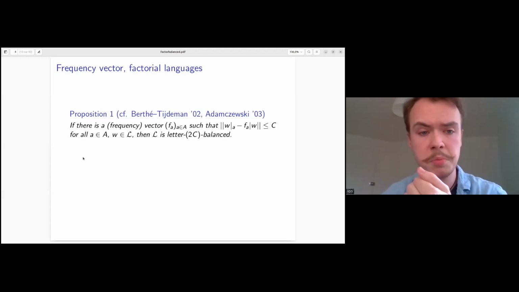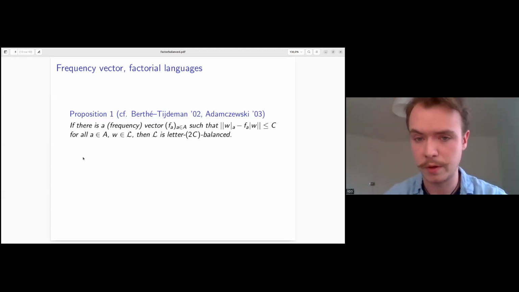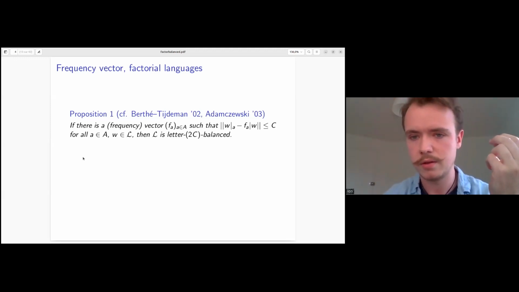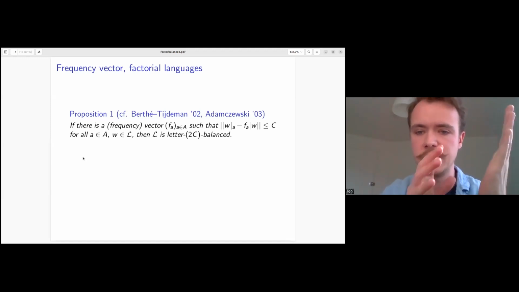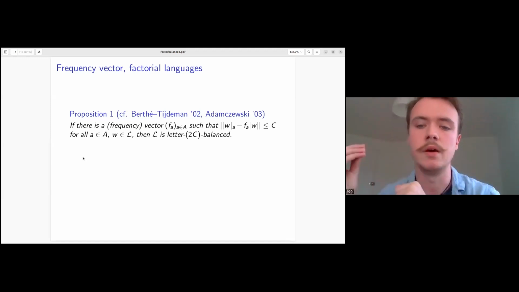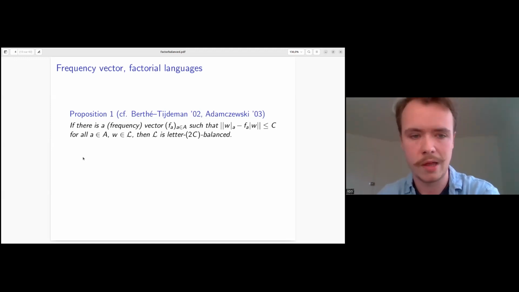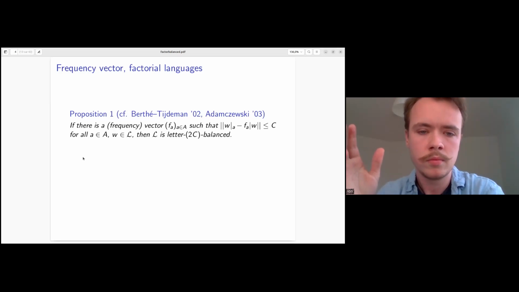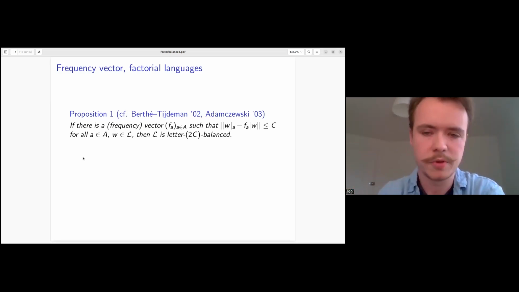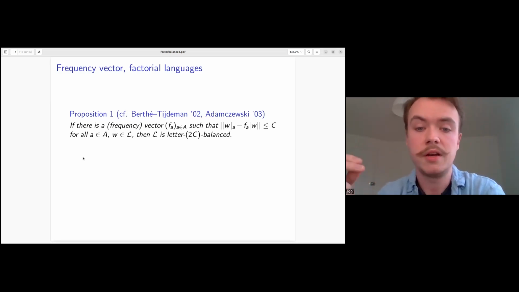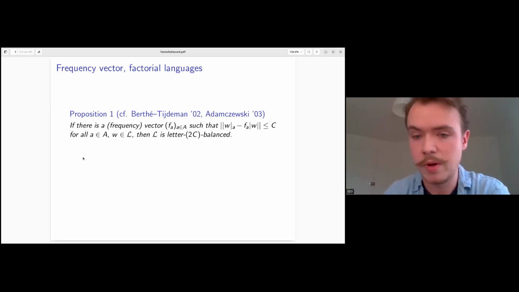So you have it both ways. If there is a frequency vector such that the distance between the number of occurrences of A in this word W and the frequency times the length of this word is bounded by C, and if this property is verified for all W and all A, then the language is letter C balanced.